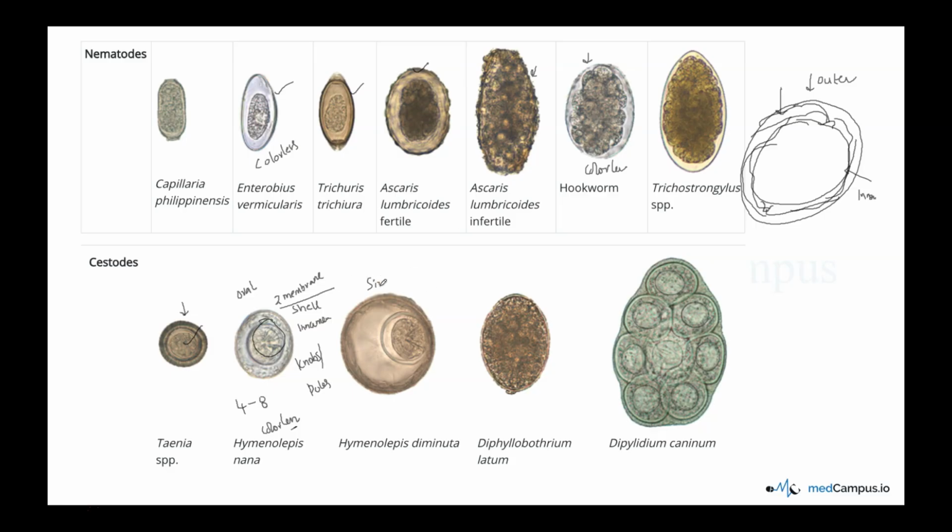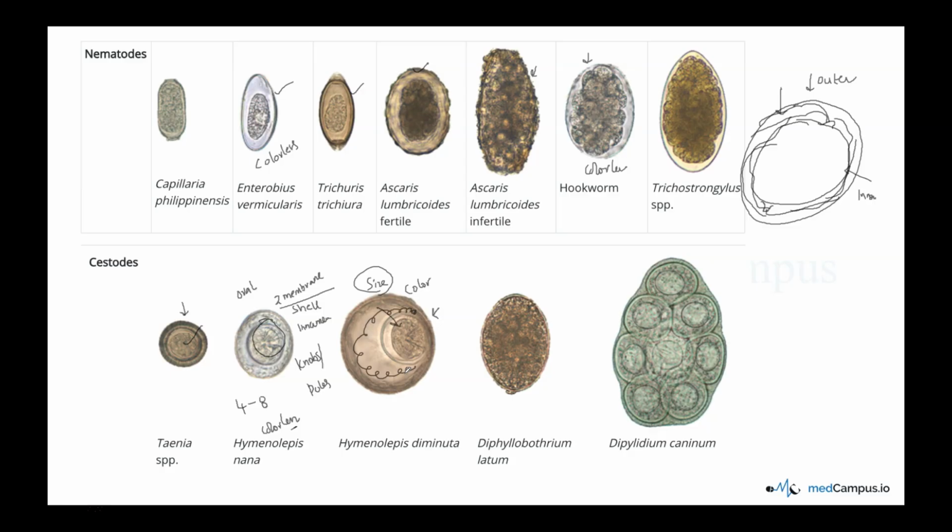Hymenolepis nana and diminuta can be differentiated first by looking at the color, and there is a size difference. This one is colored. You see the outer membrane is striated, and we have a thin inner membrane with slight poles. The space is not even all throughout; the inner membrane is slightly to the side, and it is granular.